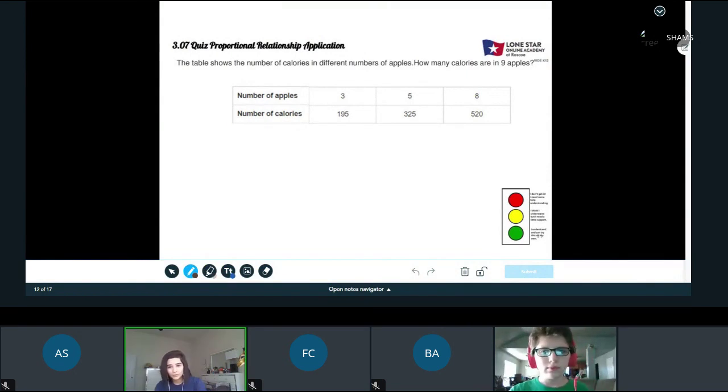Okay, another proportional thinking problem here we have. The table shows the number of calories in different numbers of apples. How many calories are in 9 apples? Okay, try to solve this question. See if you can get to the solution.